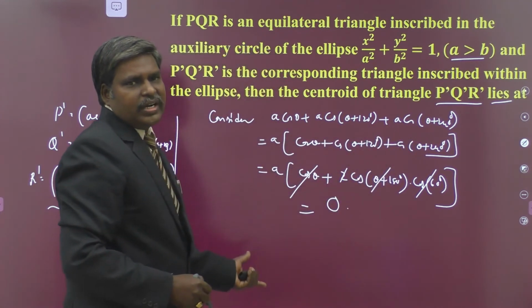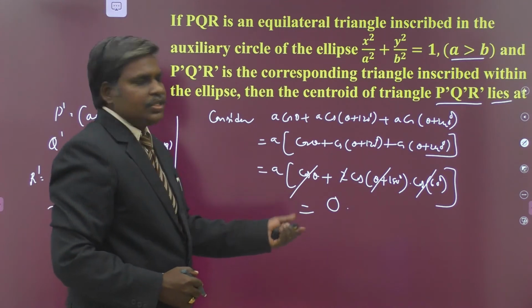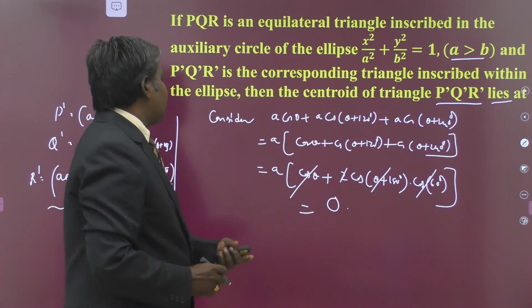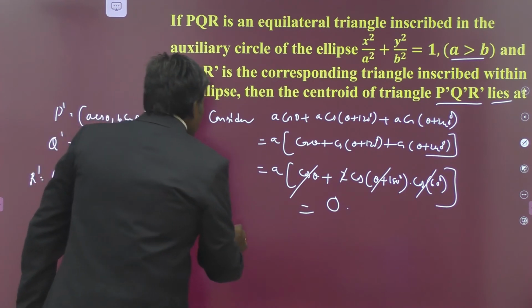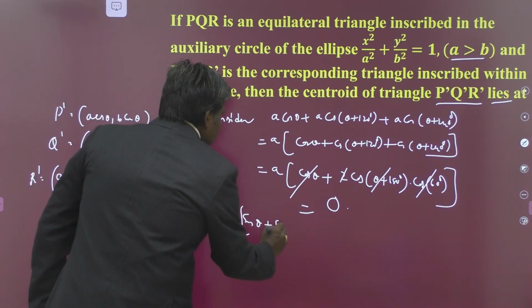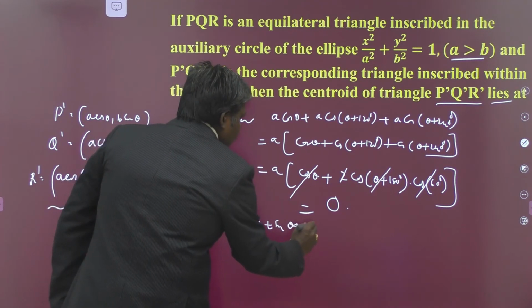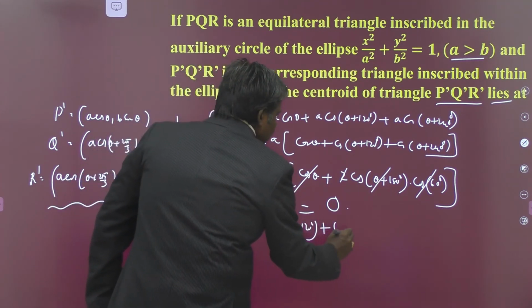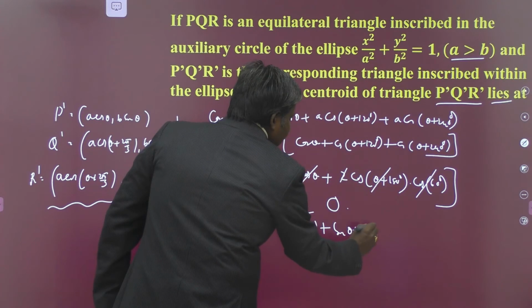So what is the x coordinate of the centroid? 0. Similarly, the y coordinate of the centroid is also 0, because B times sin theta plus sin(theta plus 120) plus sin(theta plus 240) is also 0.